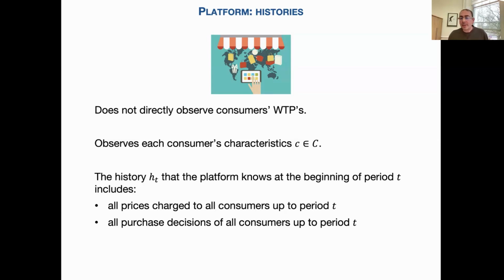I know all the purchasing decisions of all consumers up to that period. And based on this, the platform will be able to update beliefs and will have learned something about the valuations of consumers with different characteristics.